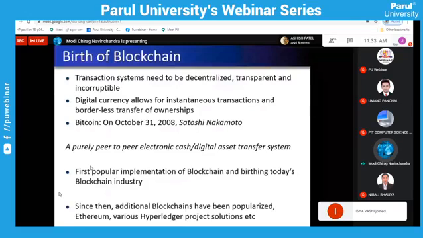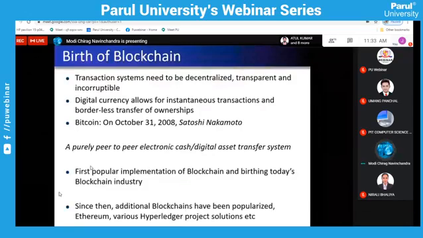But in today's world, there is no trusted entity, and it is difficult to trust. There is always a fear: if my transaction database is maintained by the centralized authority, whether my database will be secure or not, whether it will be available after 50 years or 100 years or not. So here blockchain is playing a major role.